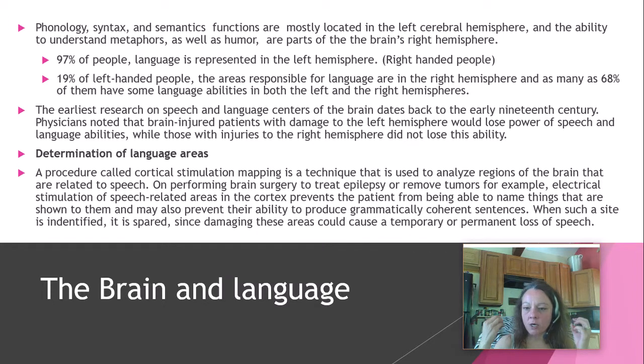And as they're stimulating, moving this thing around your brain, or giving you different tasks to do, like maybe look at that, or read this, listen to this, whatever, they're looking for the brain activity. They're looking to see what parts of your brain are lighting up, right? And so specifically, cortical stimulation mapping is related to speech.